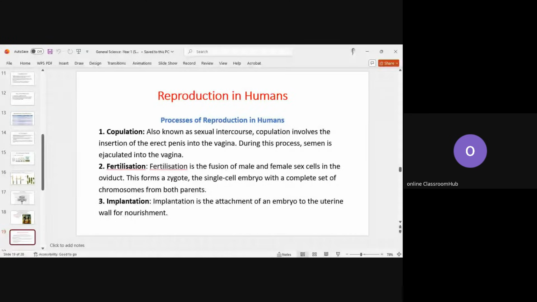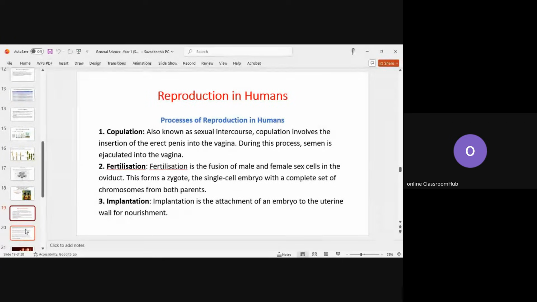So after fertilization occurs, the fetus is moved into the womb and then it attaches itself to the lining of the womb where it can get food, oxygen, blood, and other things. And that is what we call the implantation. When the fetus or the embryo attaches itself to the walls of the womb or uterus, it is called implantation. I believe we are okay.